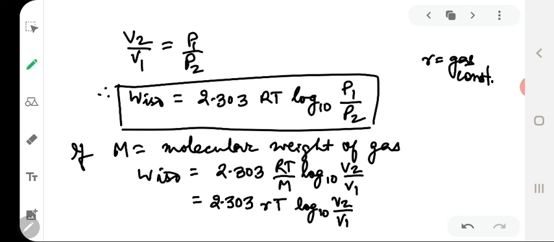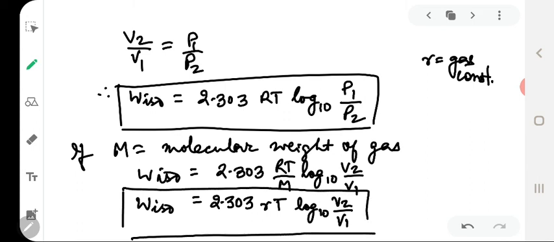So this shall be the equation for work done of an isothermal process in terms of the gas constant.